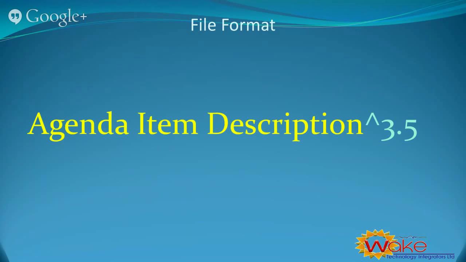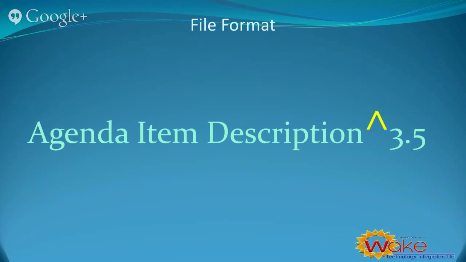The words in yellow there, agenda item description, mean exactly that. You simply type in the description of the agenda item. You should be able to use almost all typable characters from your keyboard, including commas and so on, except the one which looks like a hat or a cap there, which is shown in yellow color.